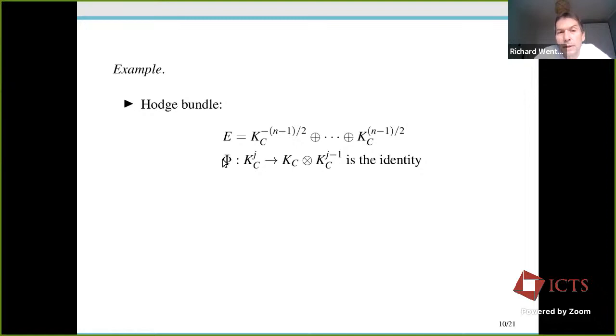Then there's an obvious Higgs field associated to this, because we're taking powers of the canonical bundle that increase exactly by 1. The next factor, tensored by k, is naturally isomorphic to the previous one, and so we can take as our Higgs field just the identity on those components. So there's a natural Hodge bundle staring at us whenever we do this construction.